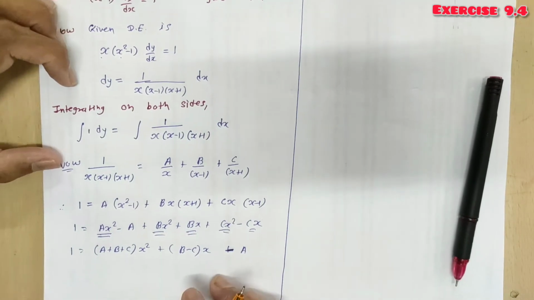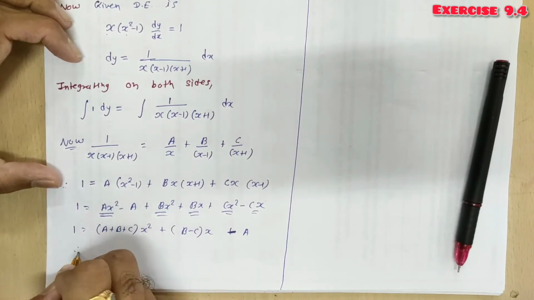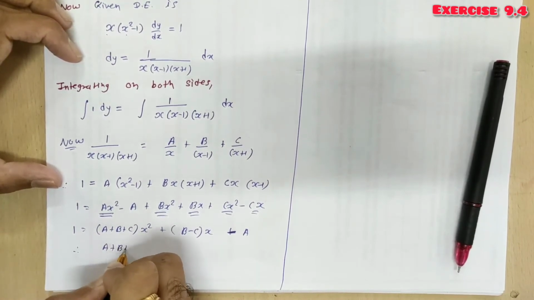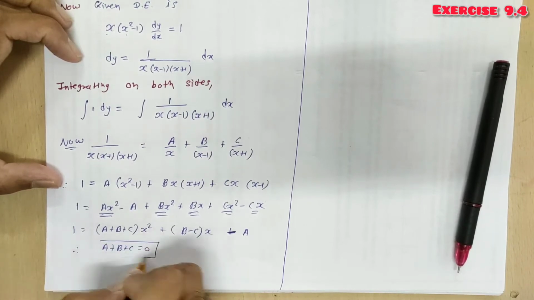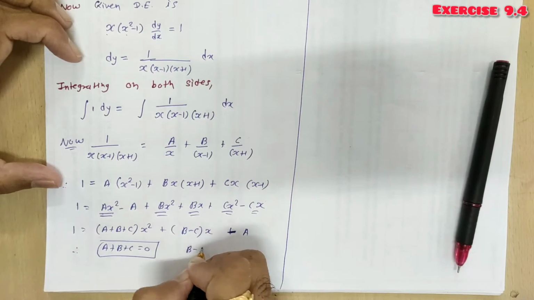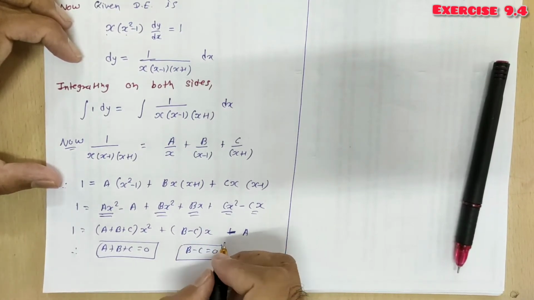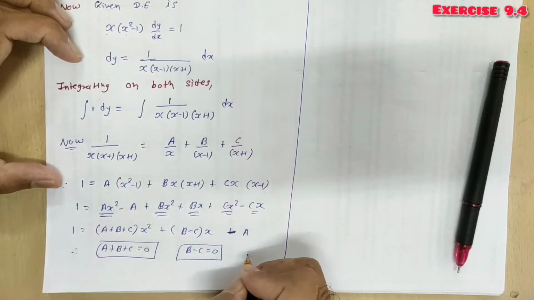Now compare the coefficients. The coefficient of x² is 0, and therefore we can write a plus b plus c equal to 0, the first equation. The coefficient of x is also 0, so b minus c is equal to 0, and the constant term: minus a equal to 1, so we can write a equal to minus 1.